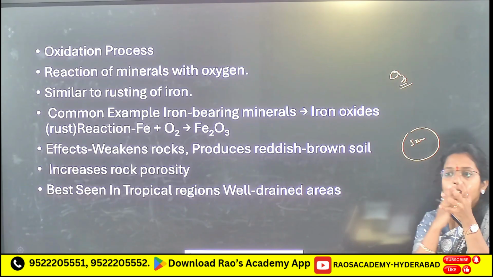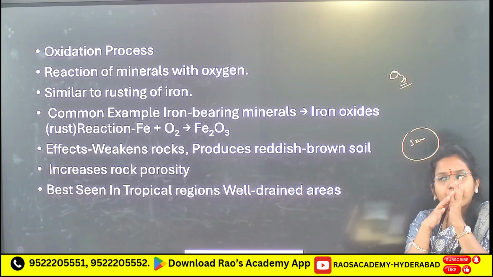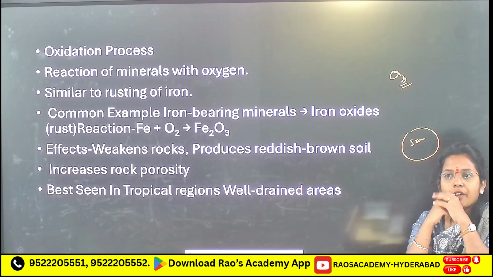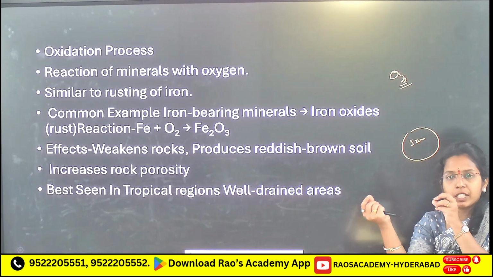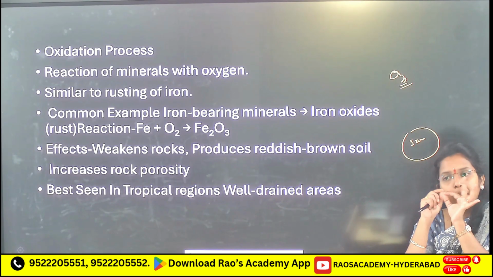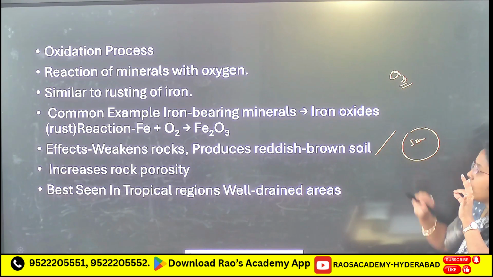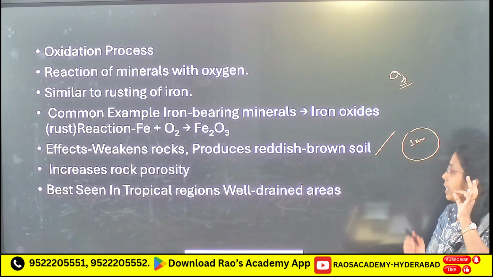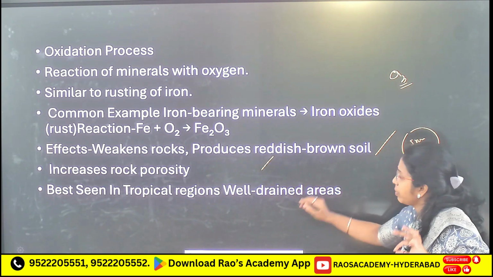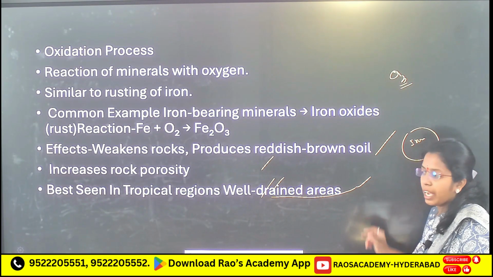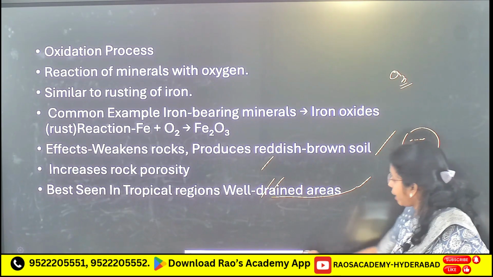From rocks come rock fragments, and after rock fragments you will see soil formation. From the parent rock only we will see soil formation, right? Because of this oxidation process you will see reddish brown soil formation. It increases rock porosity. Best seen in tropical regions, well drained areas with more rainfall.